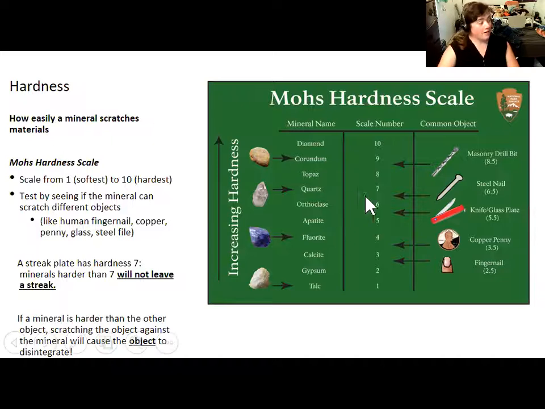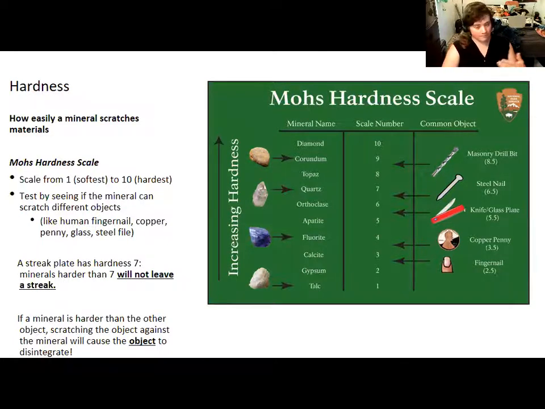The streak plate has a hardness of 7, which is also the hardness of quartz. If you try to crush quartz on a streak plate, it's not going to leave a streak. Neither mineral is going to disintegrate because the quartz and the porcelain are the same hardness.